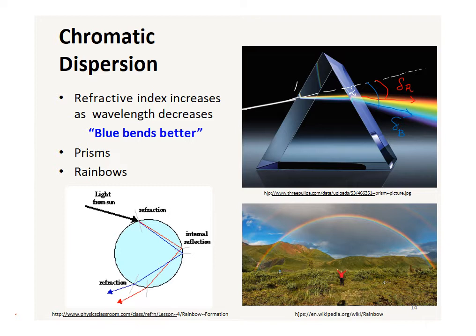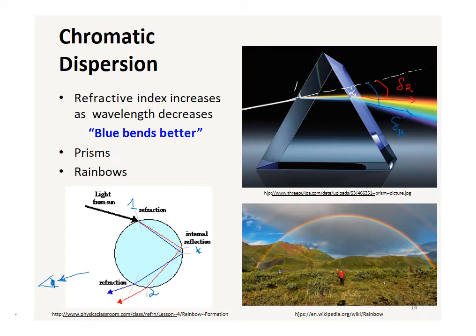The phenomenon of rainbows are also related to this. We have 1, 2 refraction events, and we also have a reflection event. The reason we see a rainbow is if you imagine your eye out here, the blue light is being bent by a certain angle, so the blue light is traveling like that.